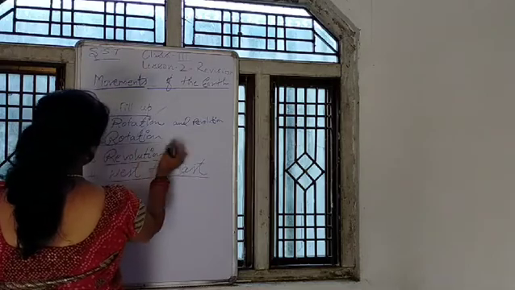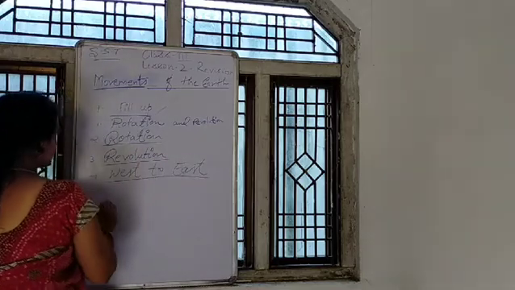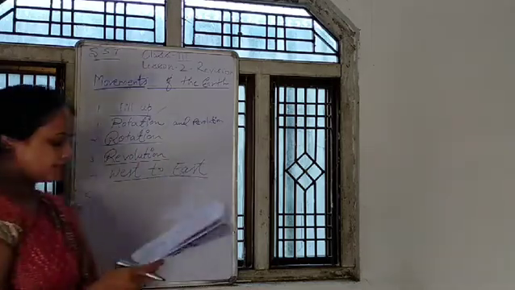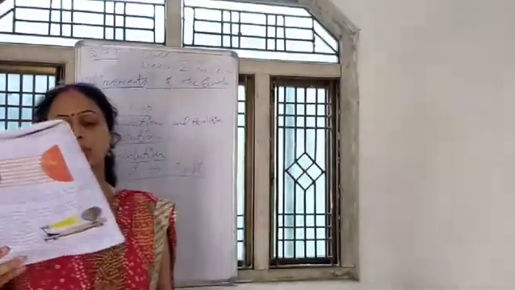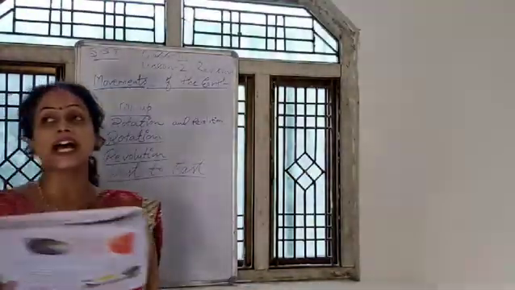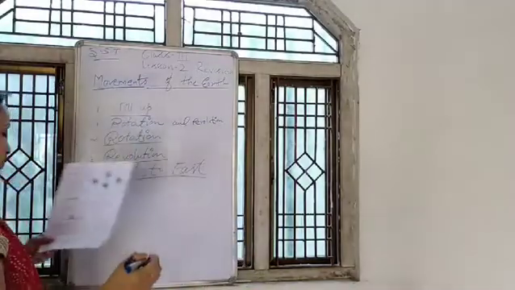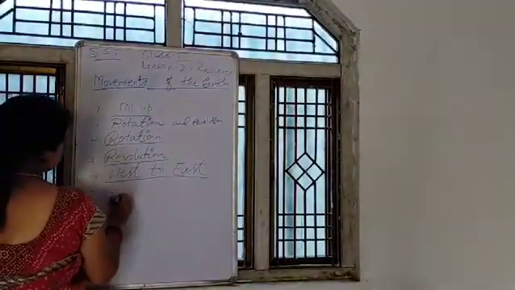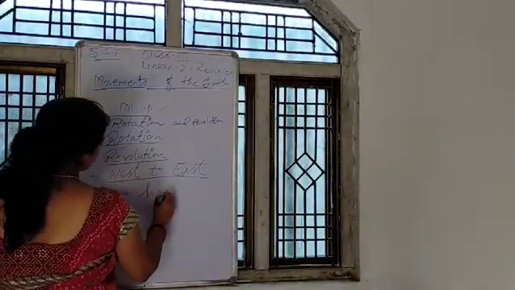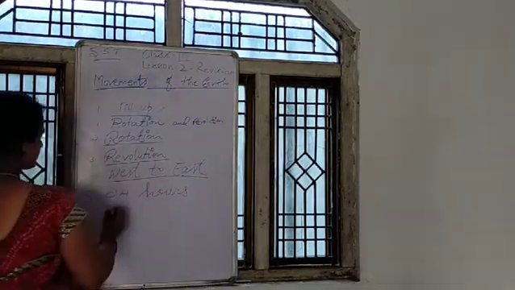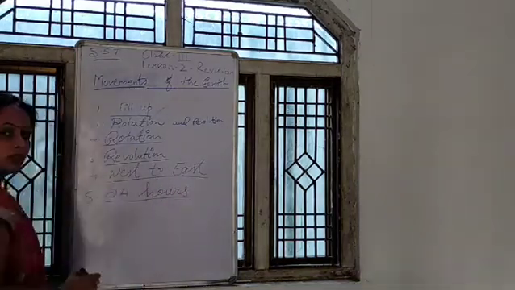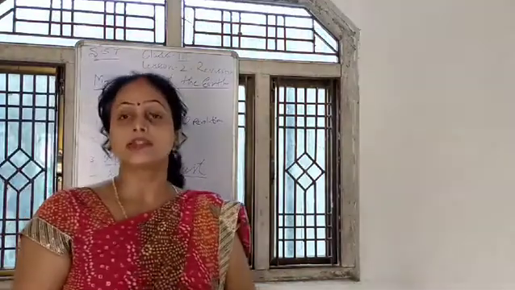Last one: the earth completes one rotation in about dash hours. How much? 24 hours. So your fill in the blanks are over.